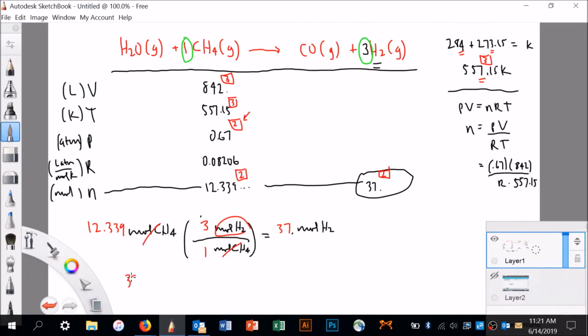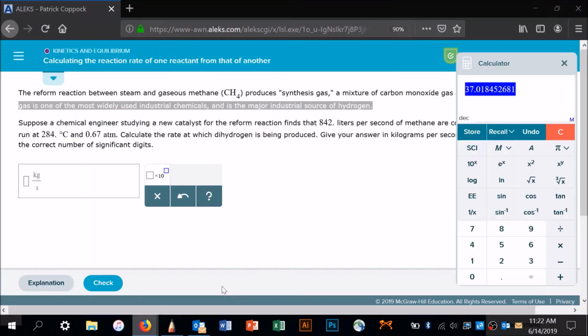So 37 moles of H2 times grams of H2 per mole of H2. That's my formula weight, right? And I can get that to kilograms of H2 over grams of H2 if I just divide by 1,000. Right? So I've got to look up my molar mass of H2, which is about 2. But let's calculate this.